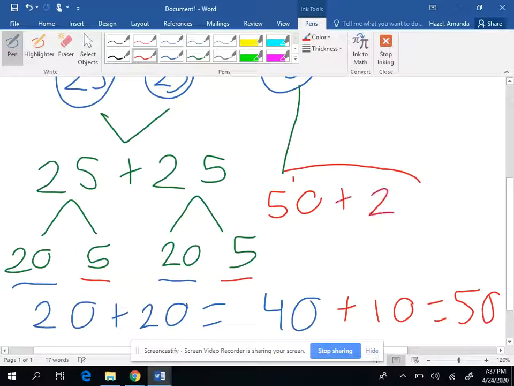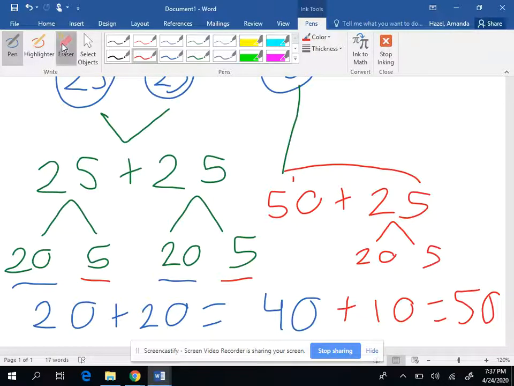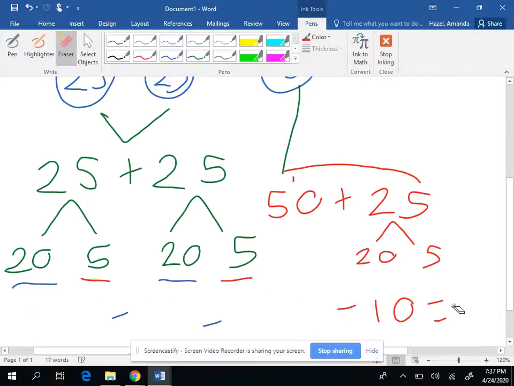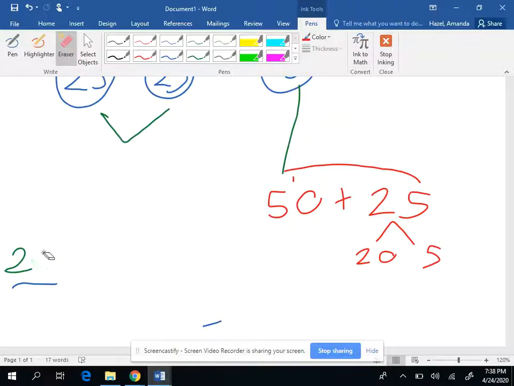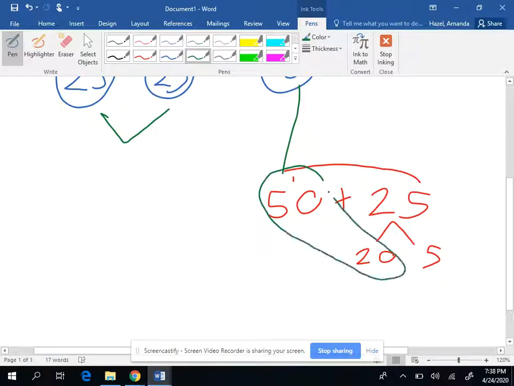50 plus 25. Okay, so we'll add these guys together. 50 plus 20 is what? 70.